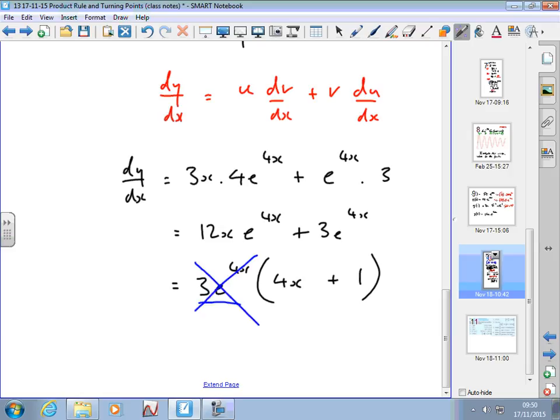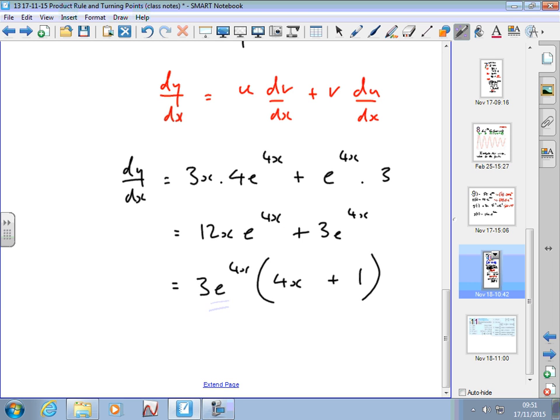And I'd be just left with 4x plus 1 equals 0. So by factorising this, I can make the equation I've got to solve much easier. So it's well worth simplifying and factorising definitely, because if I've got a factor that's common to both, that disappears when it equals 0.